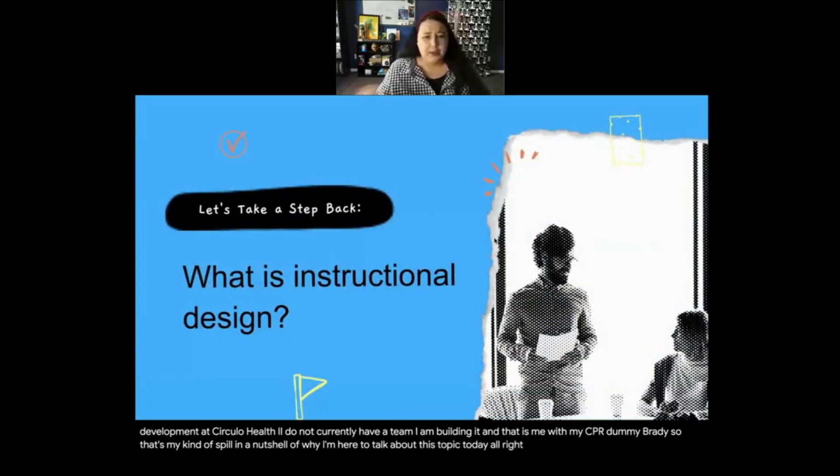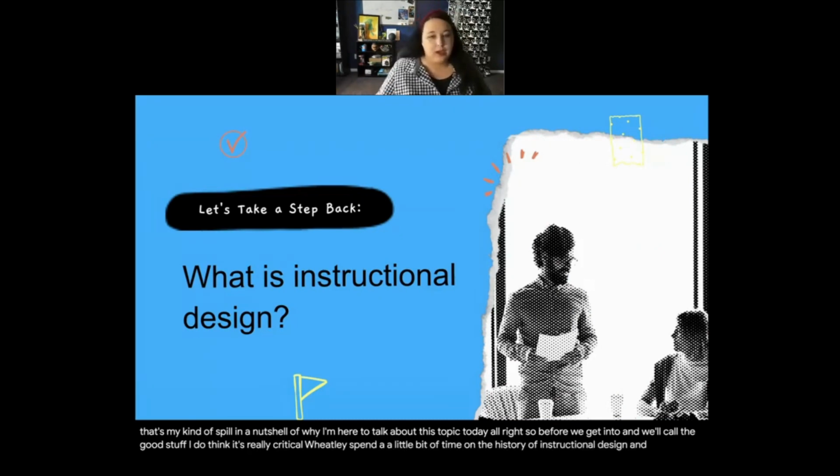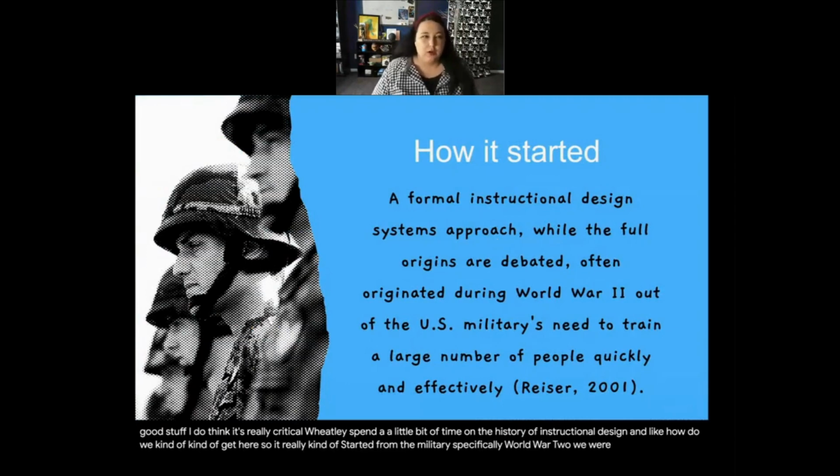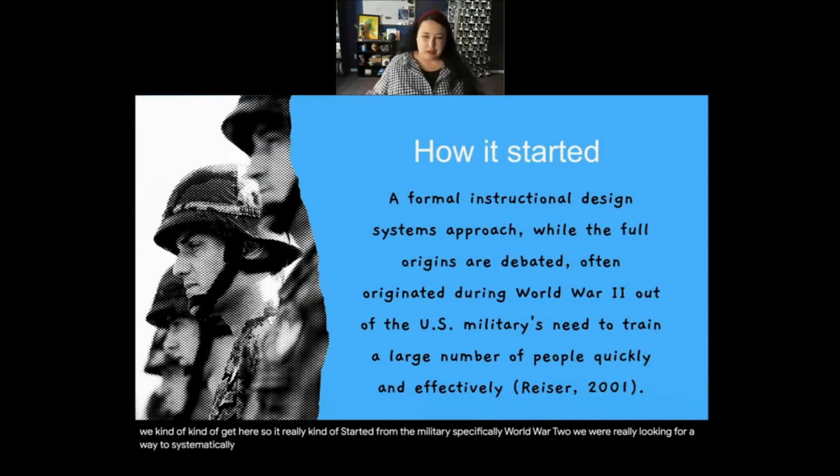All right, so before we get into what I'm going to call the good stuff, I do think it's really critical we at least spend a little bit of time on the history of instructional design and how did we get here. So it really started from the military, specifically World War II. We were really looking for a way to systematically upskill people quickly, because there was obviously a lot of chaos going on in the world at the time, and it really wasn't scalable to train everyone individually.